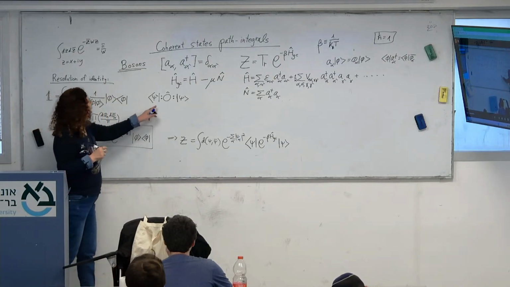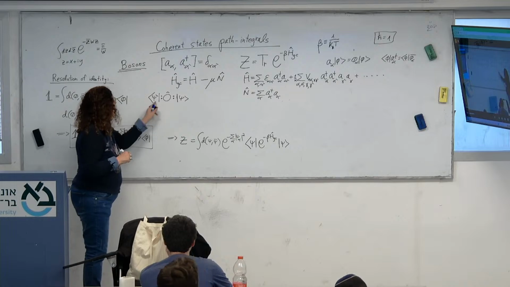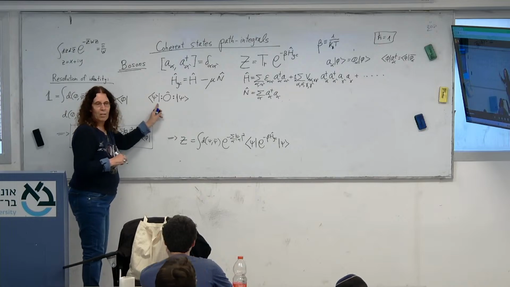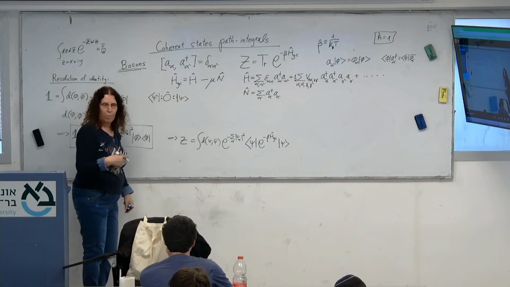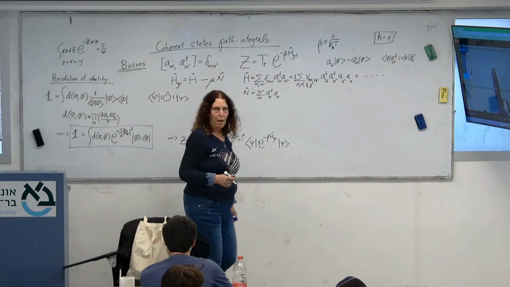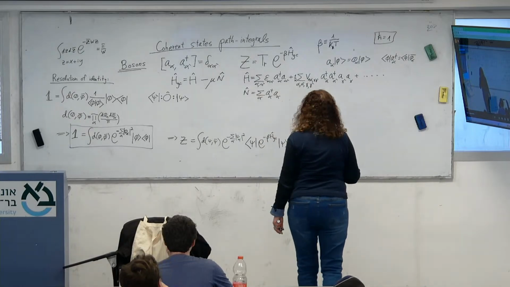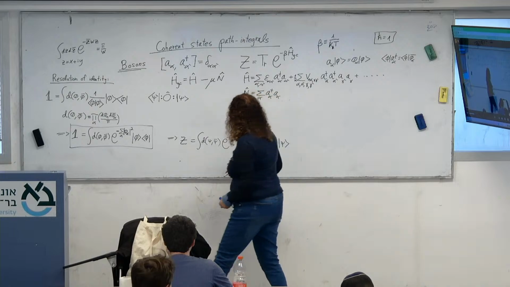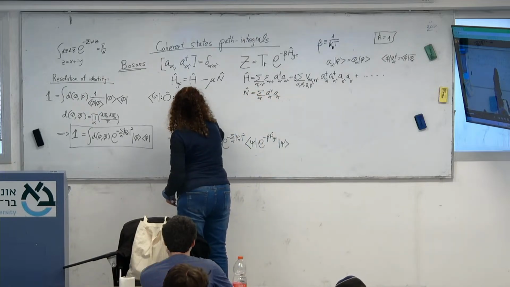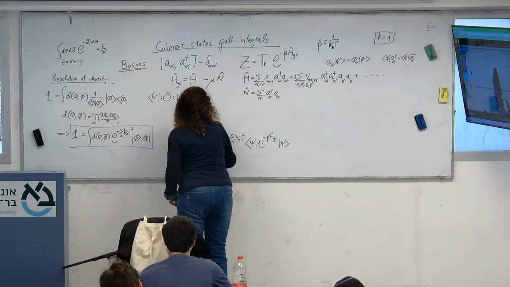Okay, so these are just two distinct coherent states. Each of them is a set of complex numbers, psi alpha and psi prime alpha bar. Now, what does it give you?